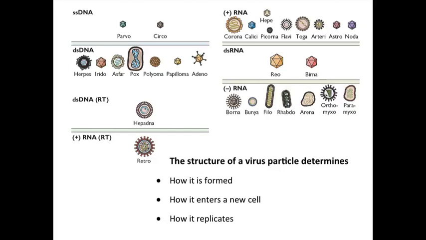And if you just look at the structure of these viruses, you should be able to know how it's assembled, as we'll see today, how it gets into a new cell, an enveloped virus with a membrane that has to fuse somewhere in the cell versus an icosahedral shell, and also how it begins to replicate.